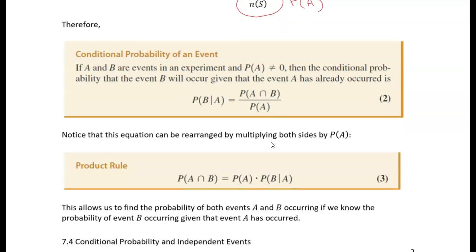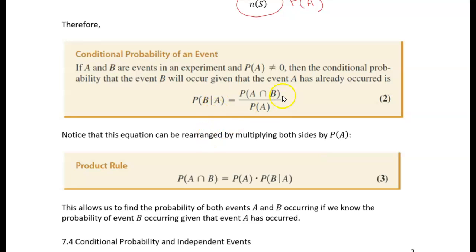The second thing that we can derive from that result is that the probability of A and B happening is the product of the probability of A times the probability of B given A. Now that's just rewriting this.